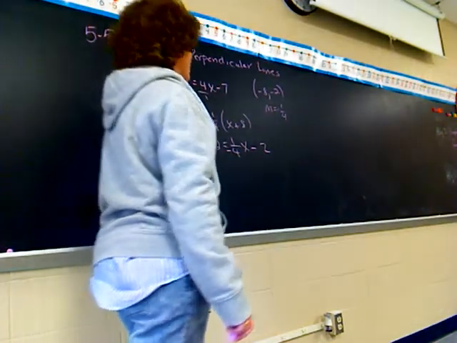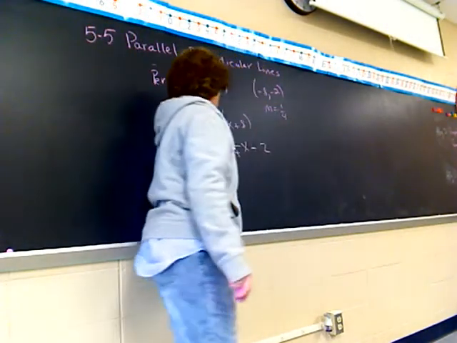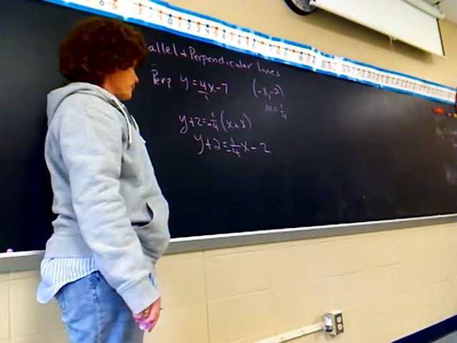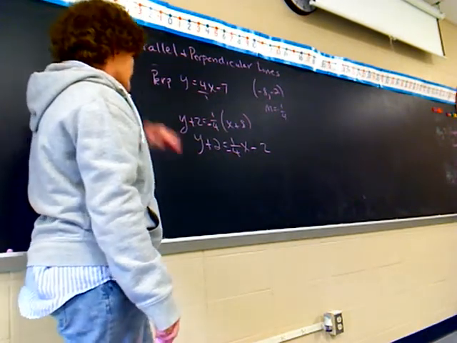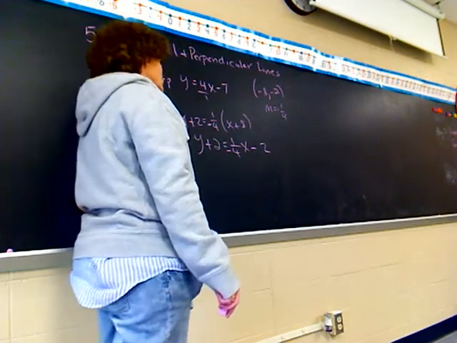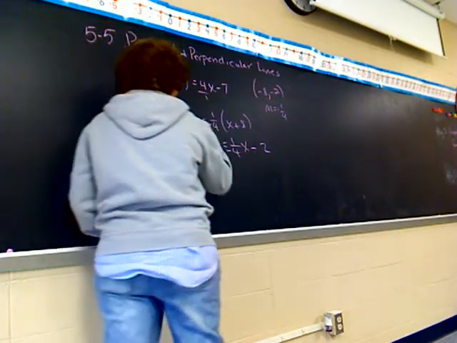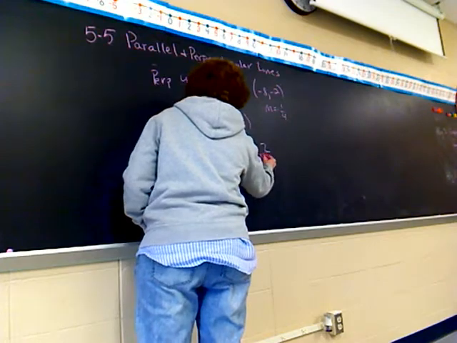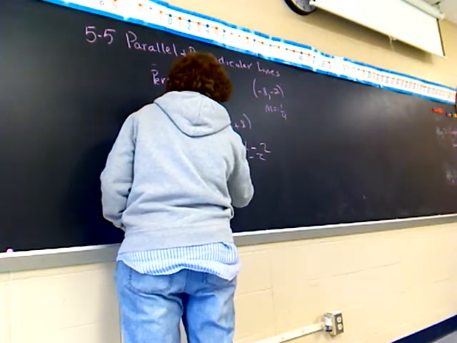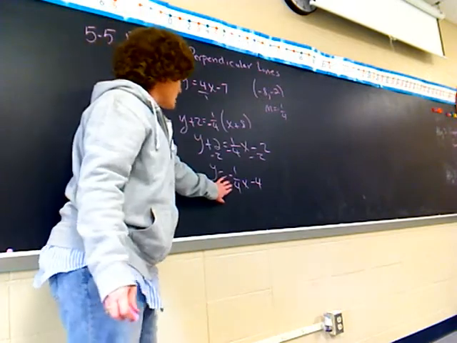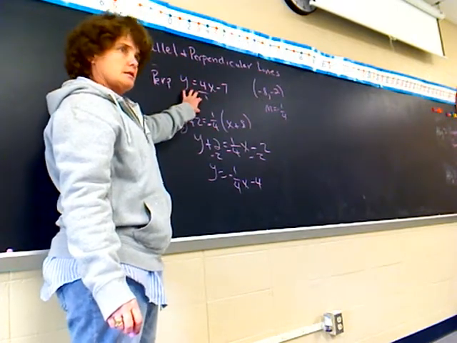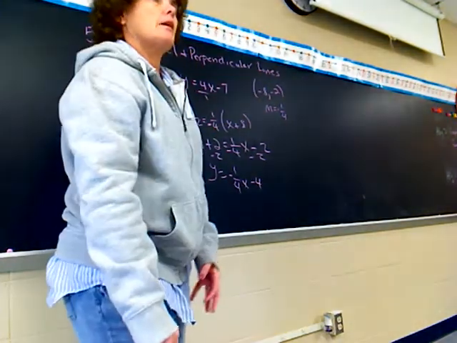It should be negative 1/4. So then I'm going to get y plus 2 equals negative 1/4 x minus 2. Then I'm going to subtract 2 from both sides, and you're going to get y equals negative 1/4 x minus 4. So this line is perpendicular to this line. If I were to graph them, they'd form 90-degree angles.